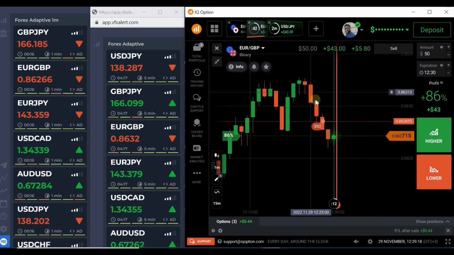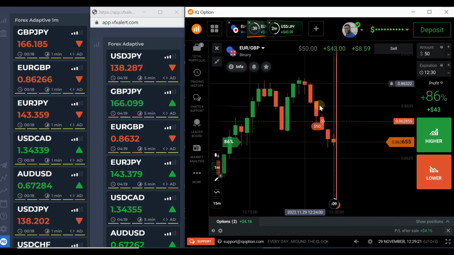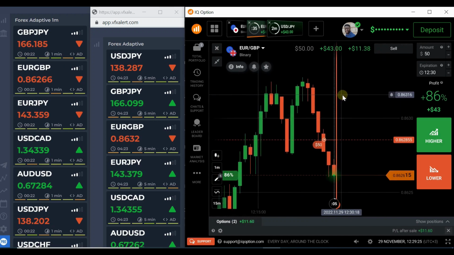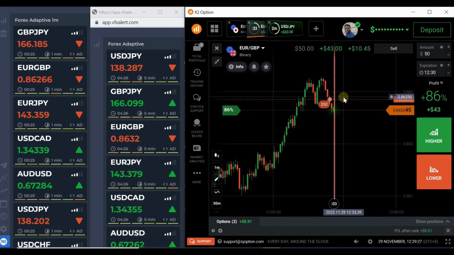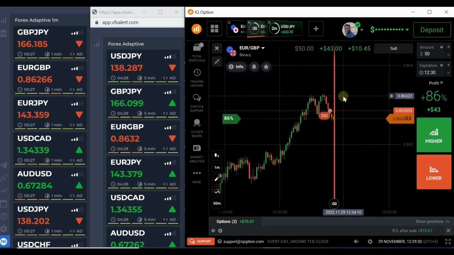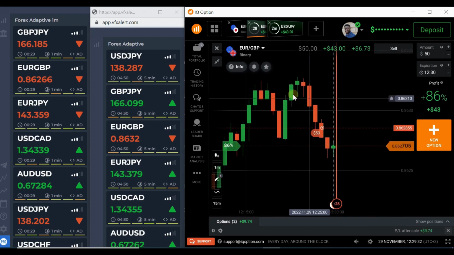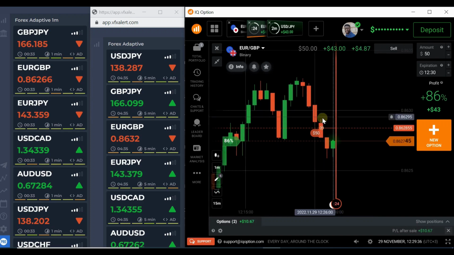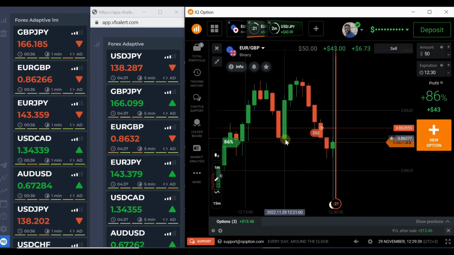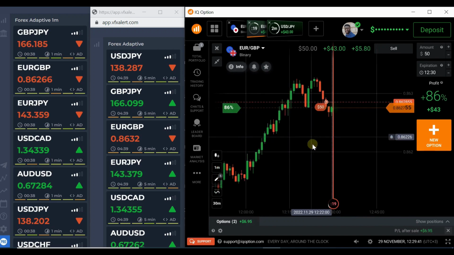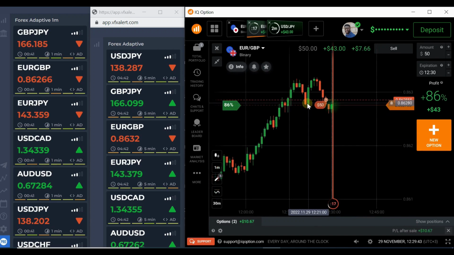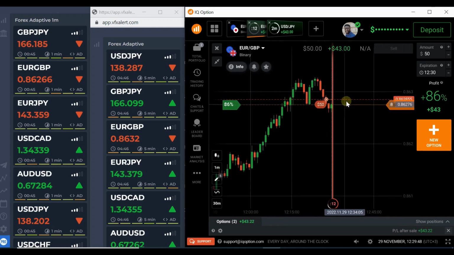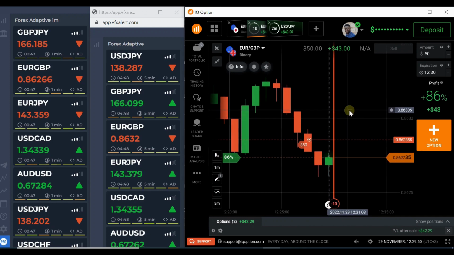So here again, the market is in a very strong downtrend. Very strong downtrend from this area. Initially it was in a strong uptrend, as you can see. So we expect more downward movement from this market.